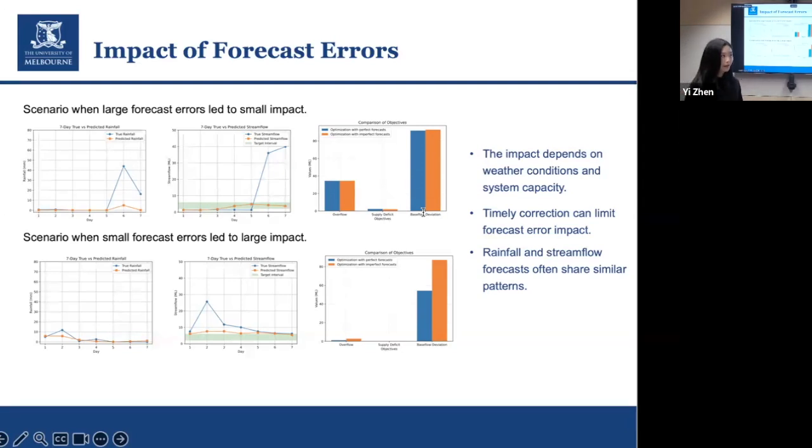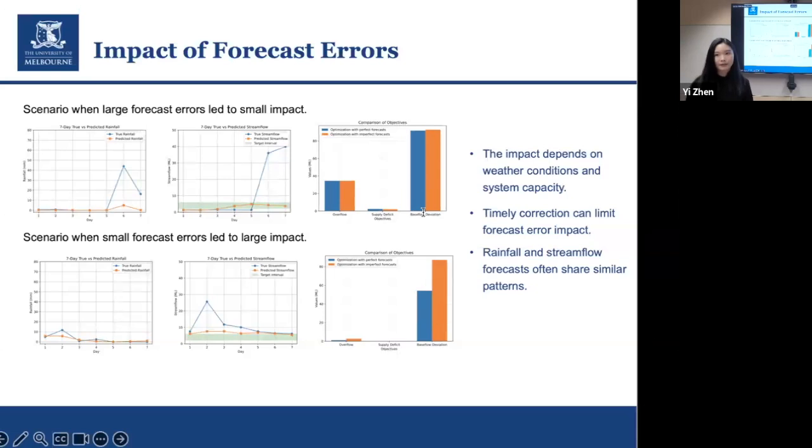So as shown here and also in the long-term test before, whether the system can handle the weather conditions can largely affect the impact of forecast error. And the timely correction of forecast error can limit its impact on the system as well. In addition, as we are generating the streamflow forecast based on the rainfall forecast, we often observe that they share similar patterns of overestimation and underestimation.